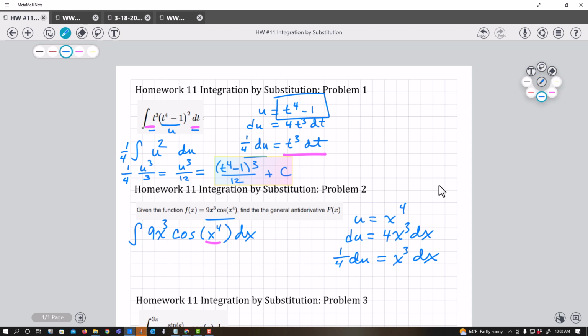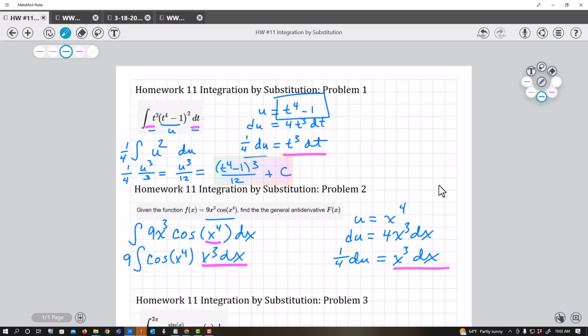And notice here now, students always say, well, what do I do with the 9? Don't do anything with it. Just put it out front. This is where I will say a lot of times you might want to rewrite the order. So I'm going to just rewrite this problem again. But notice I rewrote the order because now I can see that is exactly x cubed dx. So that piece becomes the 1/4 du.